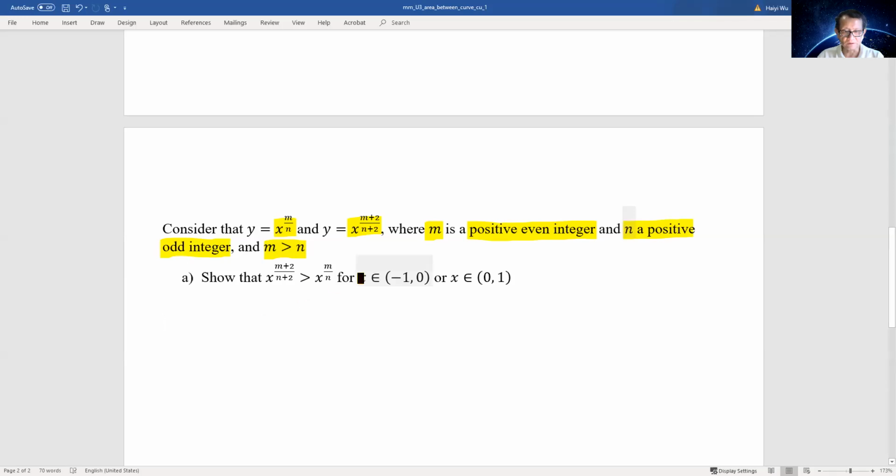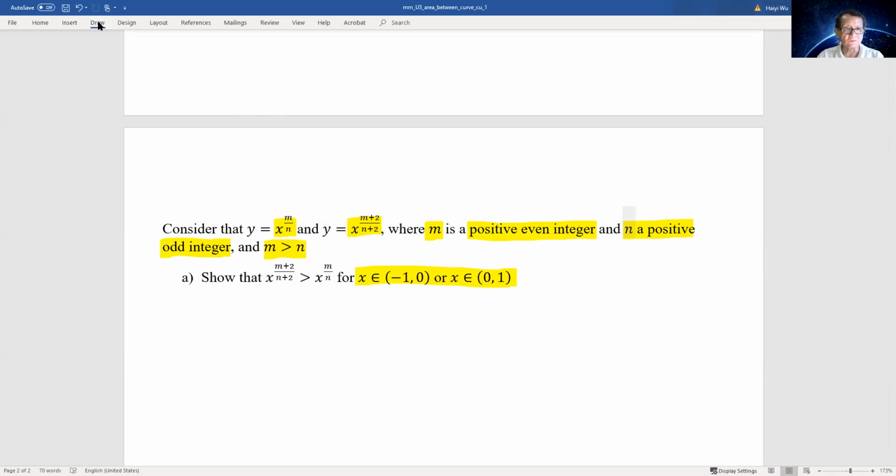We also need to show that, for x between -1 and +1, the second function is greater than the first function.